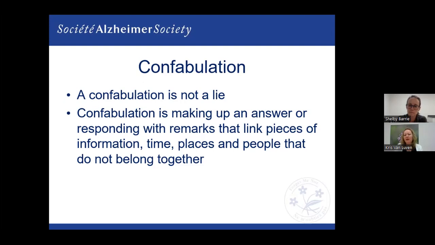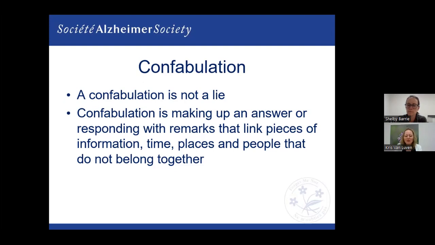For example, if you ask the person with dementia what they did today, they might respond with, I went to work, when you know that that person retired 10 years ago. And it's not that the person is lying. They may truly believe that they are younger than they are and that they went to work that day.